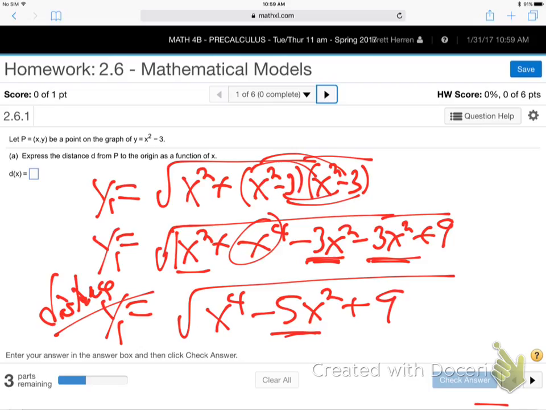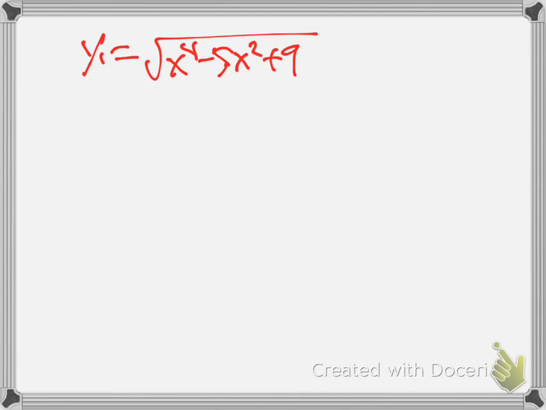Let's put that in. So let me go to a new screen. So y1 equals the square root of x to the 4th minus 5x squared plus 9. Right, okay, so I graphed it on my graphing calculator. I got this kind of a graph.